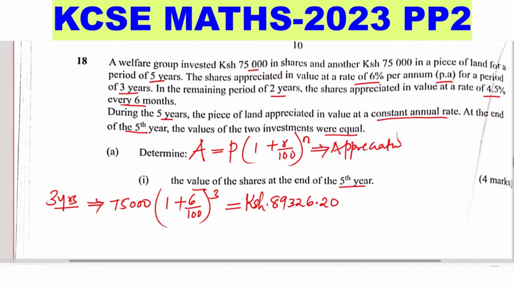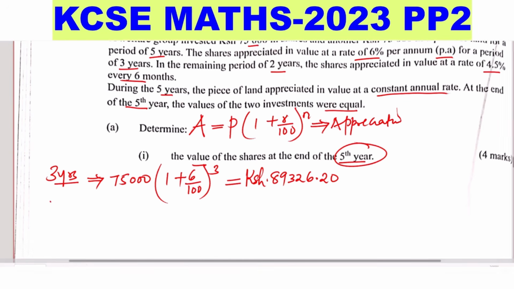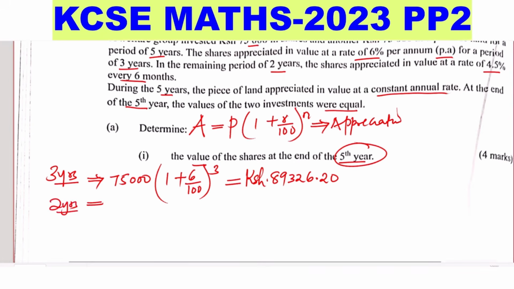We are done with 3 years, but we are required to go up to the 5th year, so we're remaining with 2 years. In the remaining 2 years, the shares appreciated at the rate of 4.5% for every 6 months. Now when you're beginning the 2 years, we don't have 75,000. Remember, there has been an appreciation, and the amount is now 89,326.20.